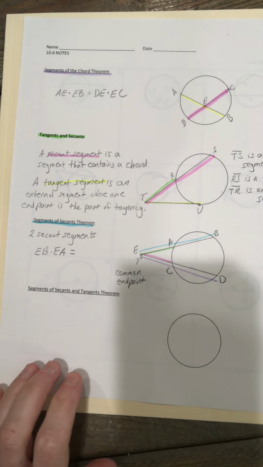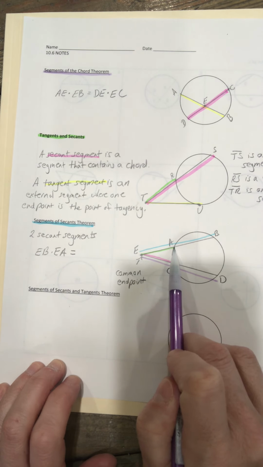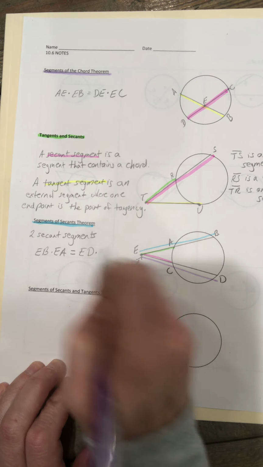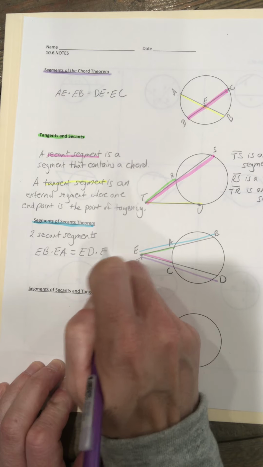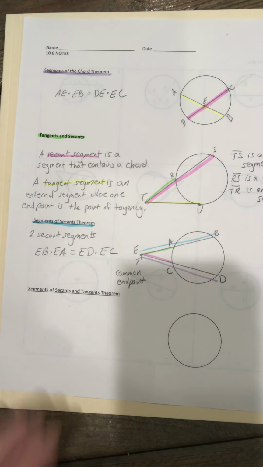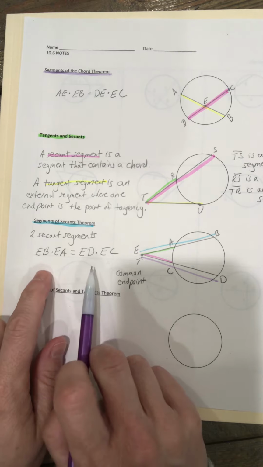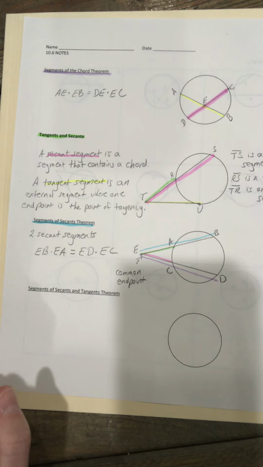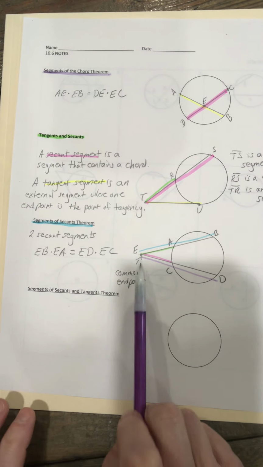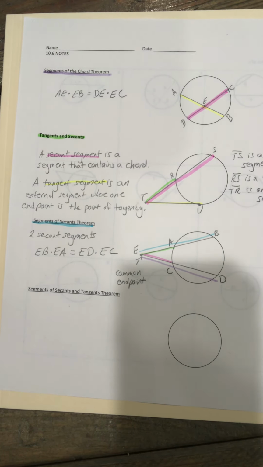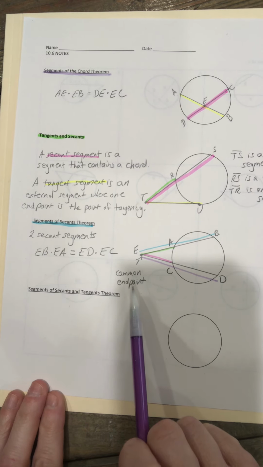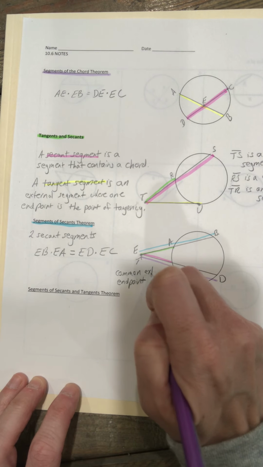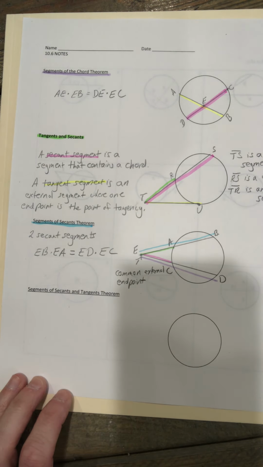So I'm saying that EB times EA is equivalent to the product of ED, my other secant segment, times its external segment. All right? So that is how we would find the lengths when we're dealing with segments that are formed by two secant segments that share a common endpoint, which is a common external endpoint. All right? That's the key thing. It has to be a common endpoint, and it has to be an external endpoint. Common external endpoint. So let me add that there too.